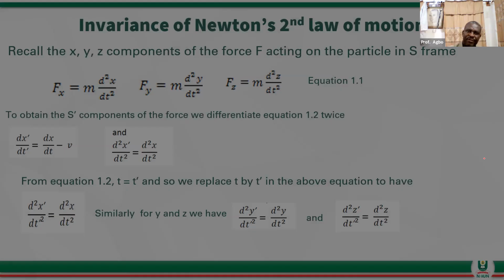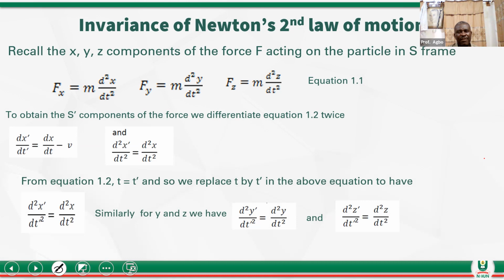So we'll move ahead. Now we have seen the Galilean transformation. What we want to test now is whether Newton's second law is invariant to the Galilean transformation, whether it has the same form, whether the equations remain the same in the primed frame and the unprimed frame.